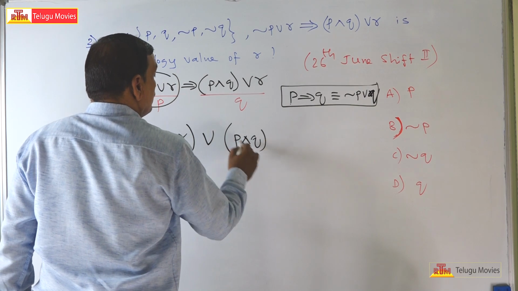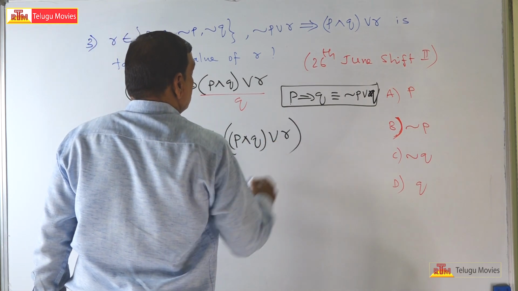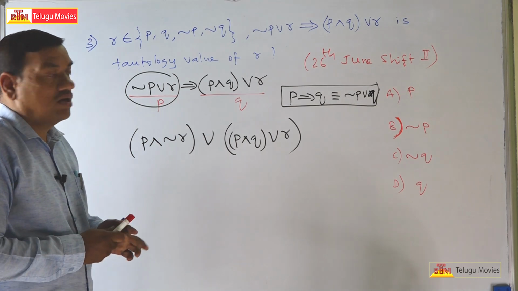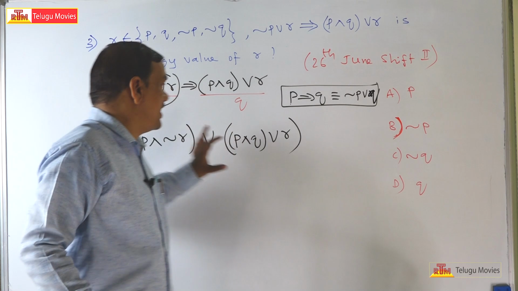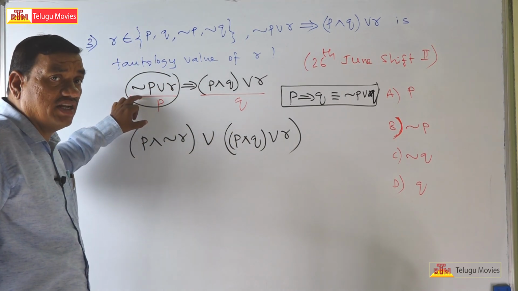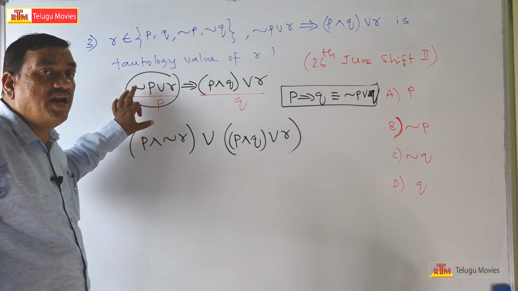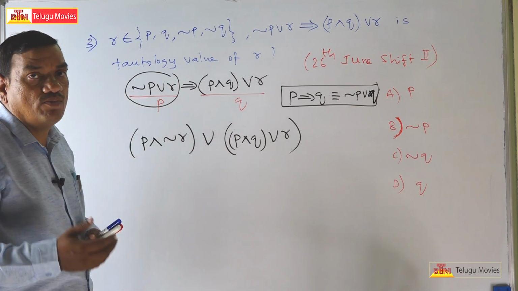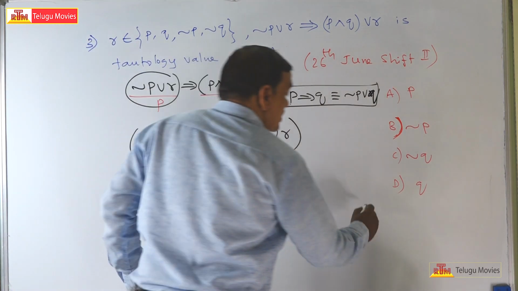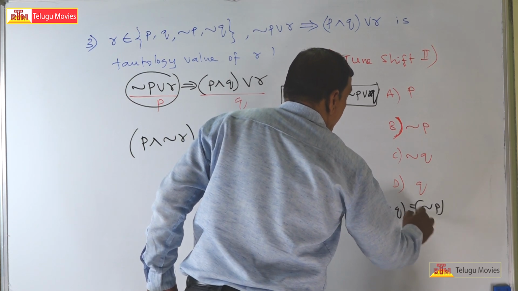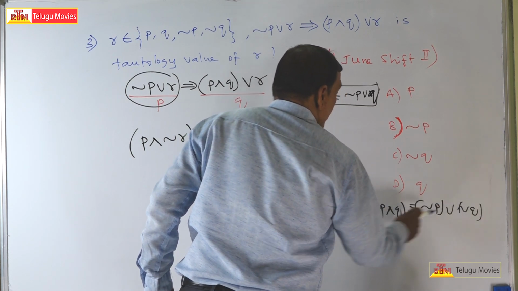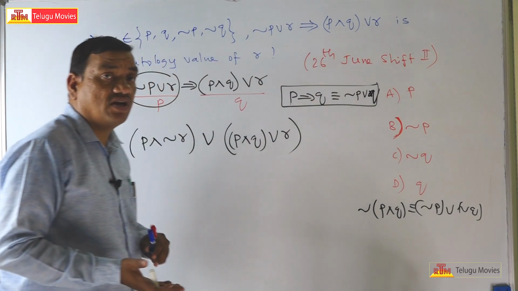What does De Morgan's law say? Negation of P and Q is logically equivalent to negation P or negation Q. If "and" is there, "or" will come; if "or" is there, "and" will come.